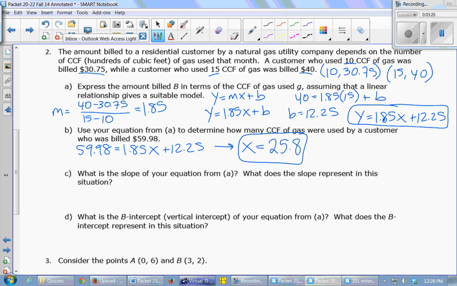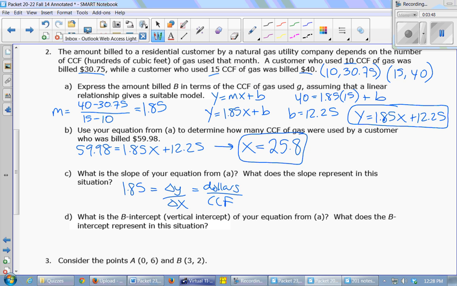What is the slope of your equation from A? That's 1.85. Slope always represents a change in y over a change in x. My units on y are dollars, and my units on x are CCFs.